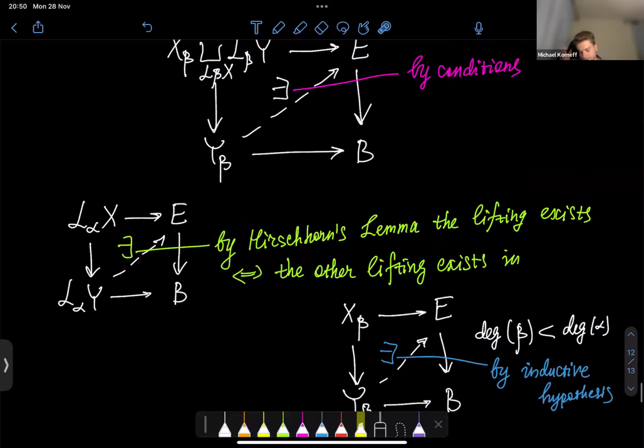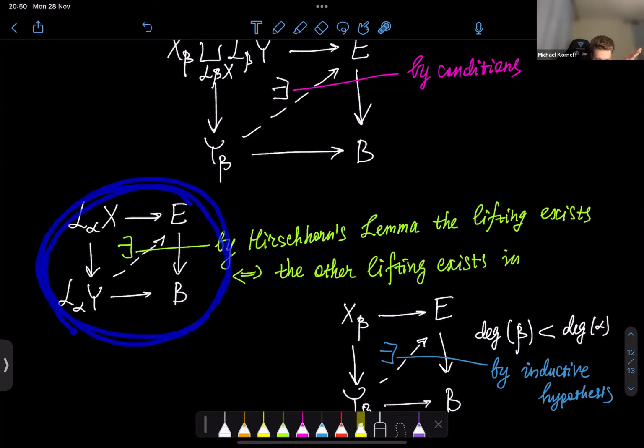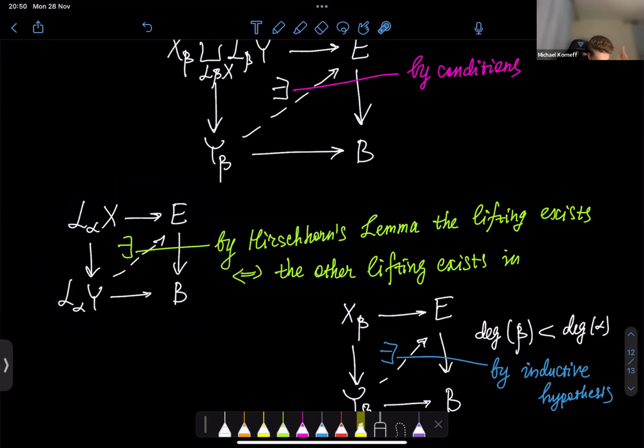So we can apply Hirschhorn's lemma above, and we can find the solution of this lifting problem. So we are done.